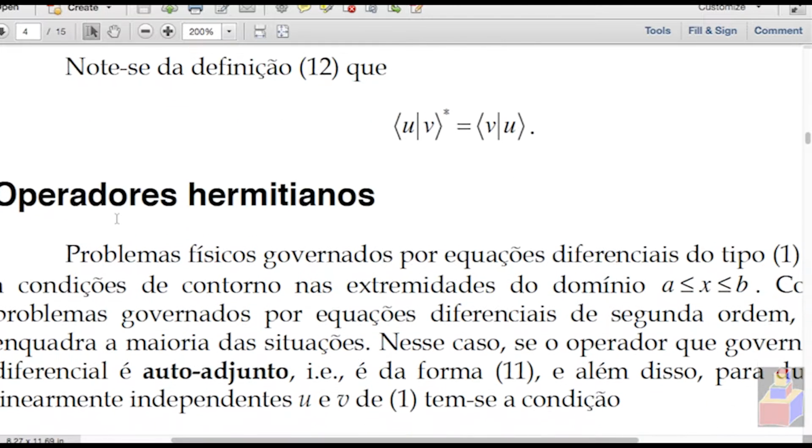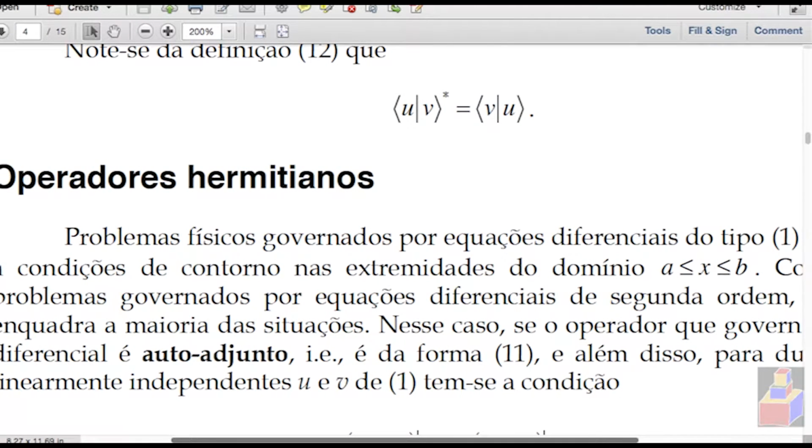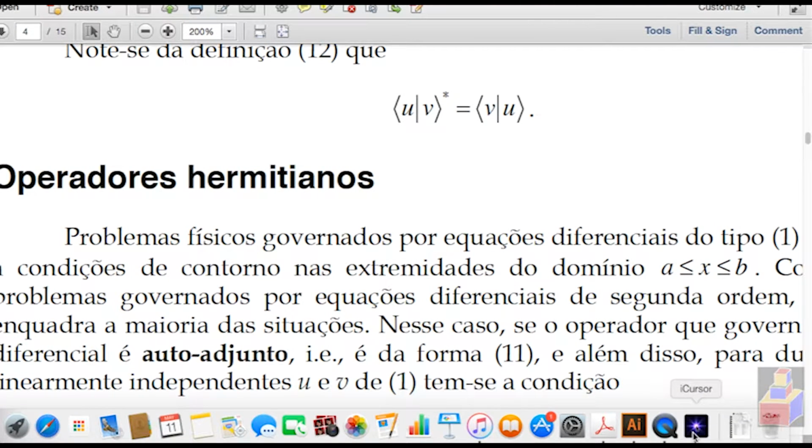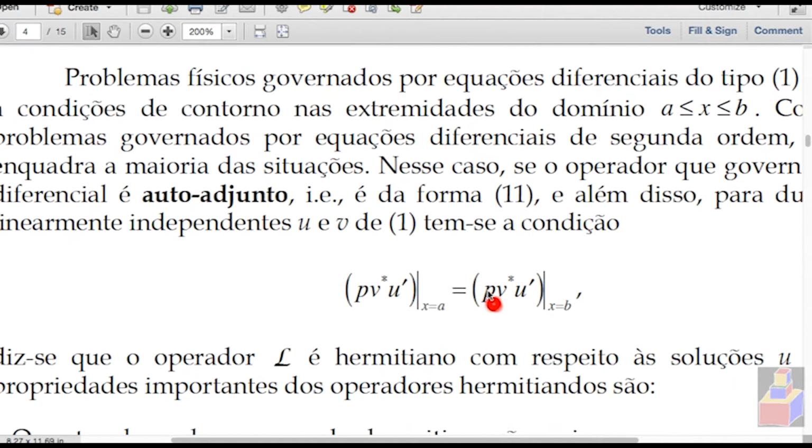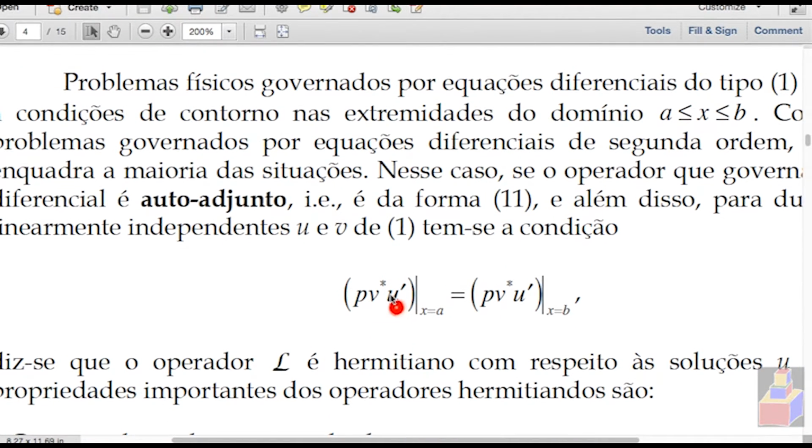They are always in a domain between A and B. And when you have a self-adjoint operator, and the interval is A, B, and two independent solutions, a second order differential equation has two linearly independent solutions, if they satisfy this restriction here in the boundaries of the domain, these operators are going to be called Hermitian operators.